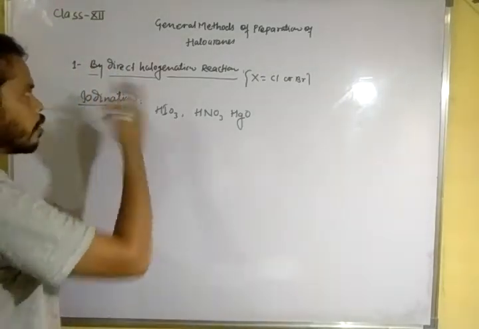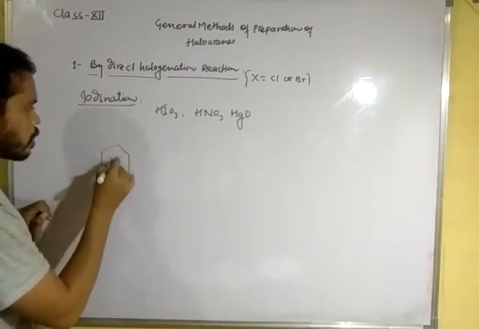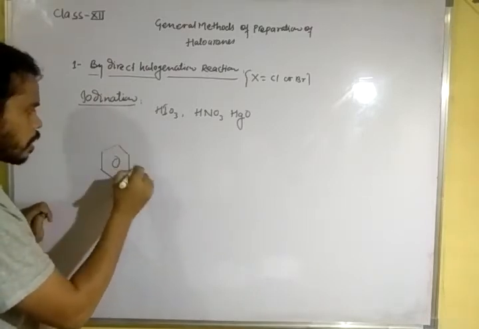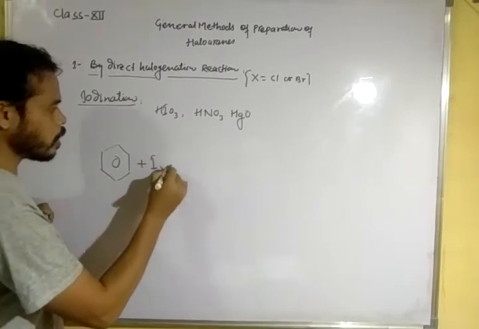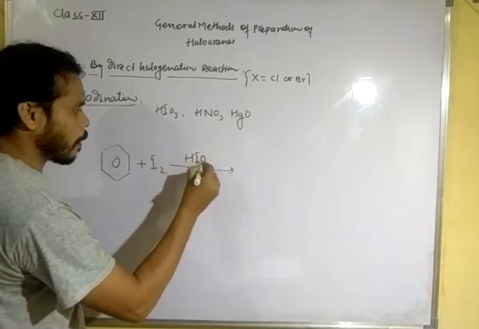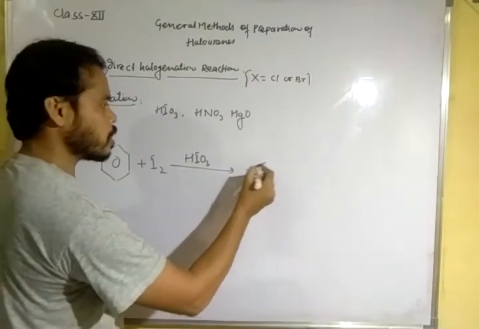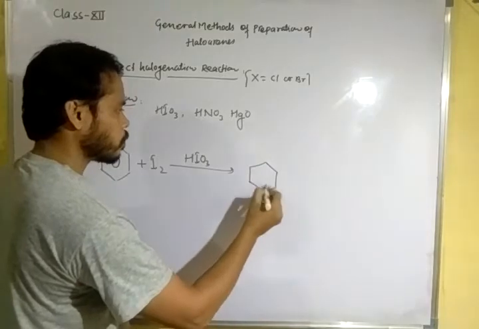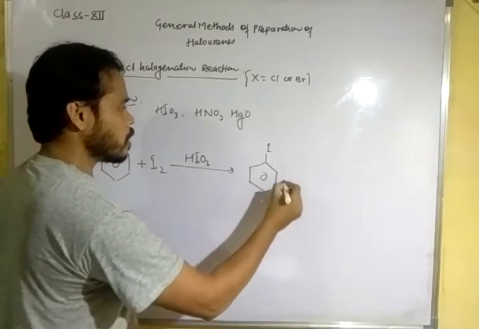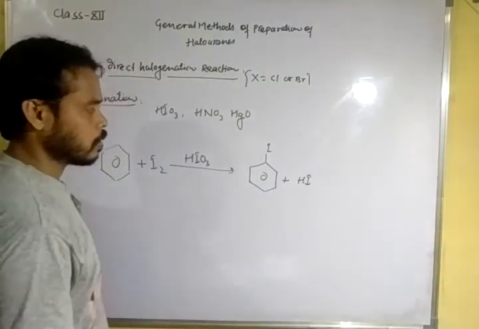In the iodination case, when benzene is treated with iodine in the presence of a strong oxidizing agent, the reaction goes in the forward direction to form iodobenzene and HI as a byproduct.